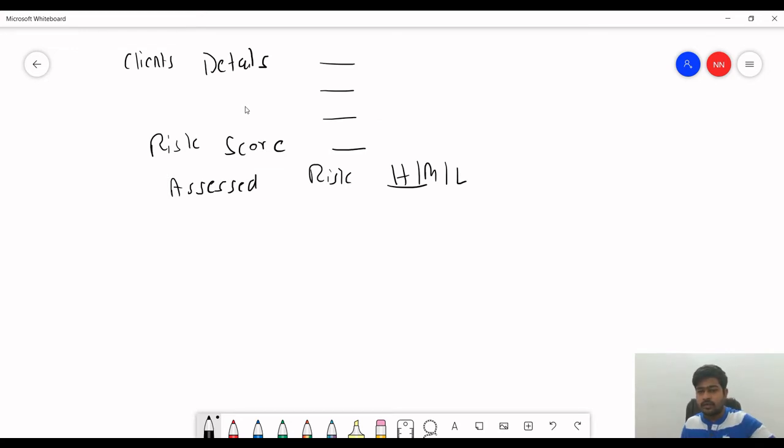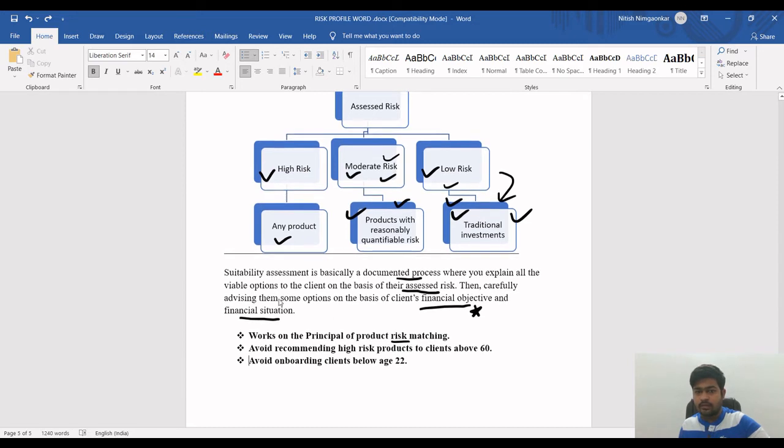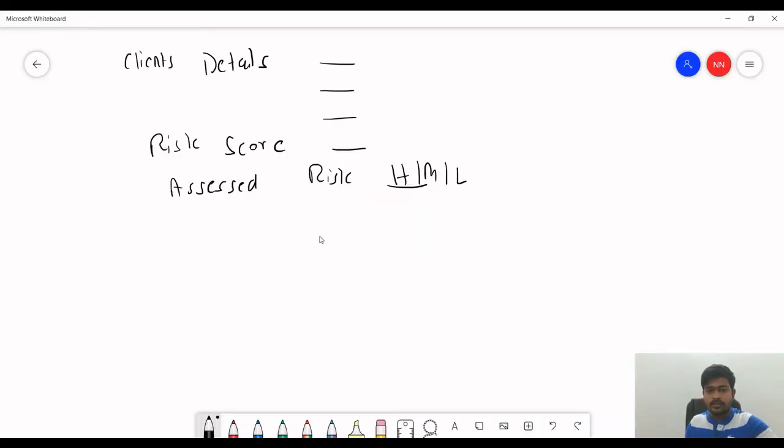Now in the next step, as we discussed here, carefully advising them some options on the basis of the client's financial objective and financial situation. So in this step, let's say the client's assessed risk was low risk.